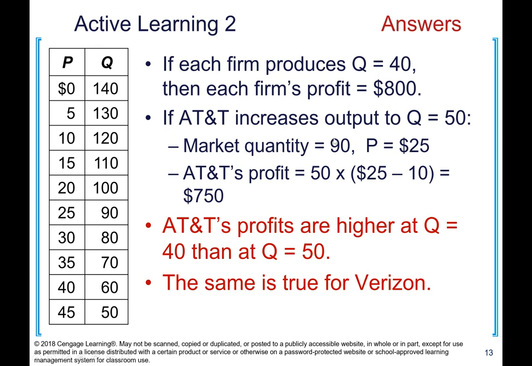If AT&T increases output to 50, market quantity will be 90, the price will be $25, and AT&T's profit will be 750. AT&T's profits are higher at output 40 than at output 50. The same is true for Verizon.